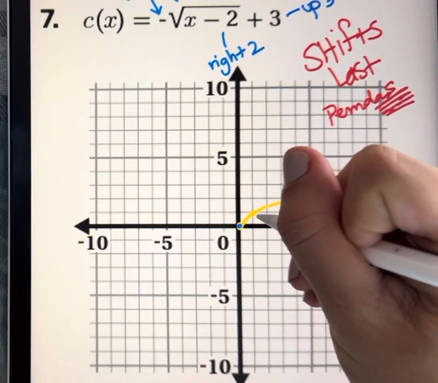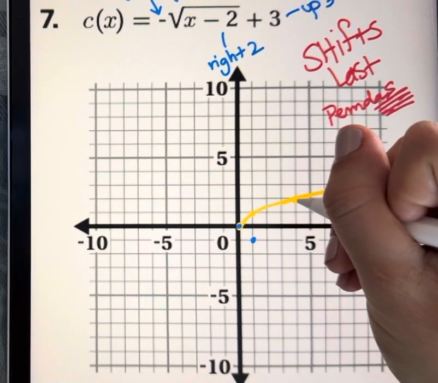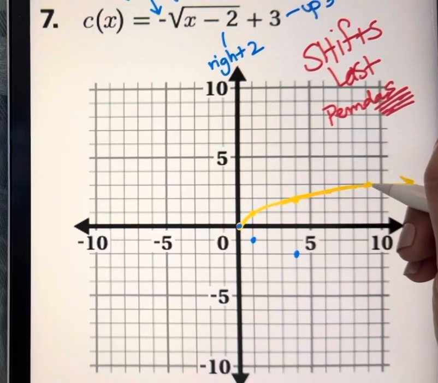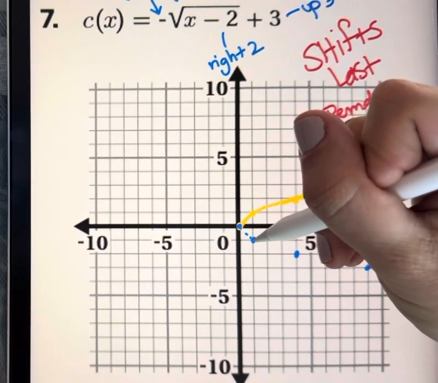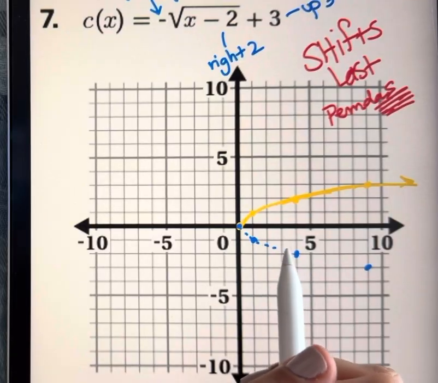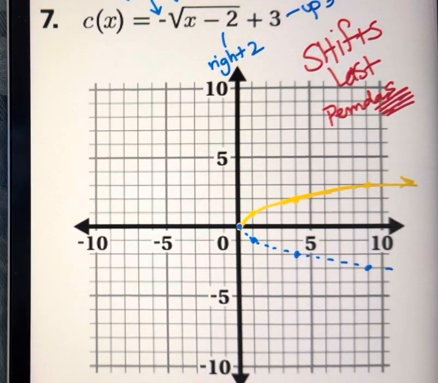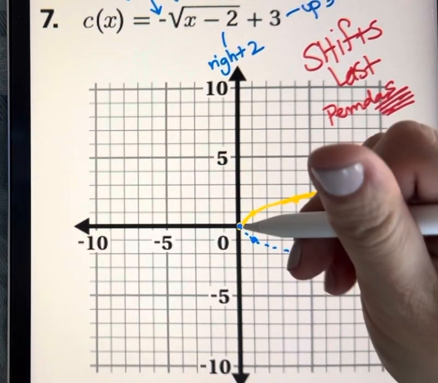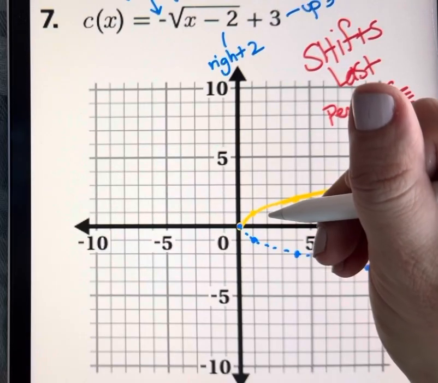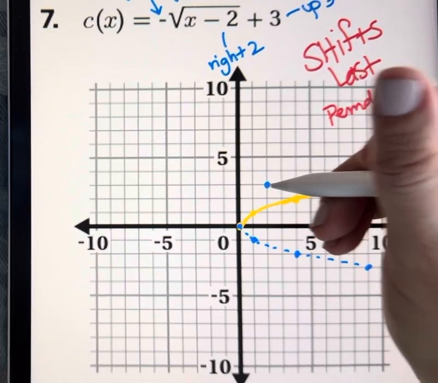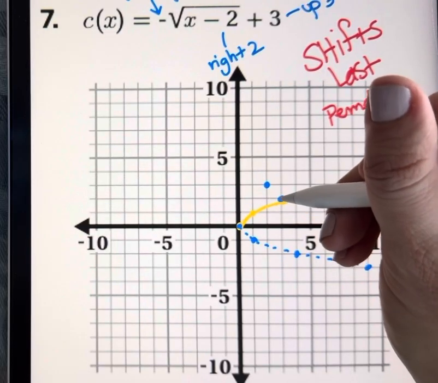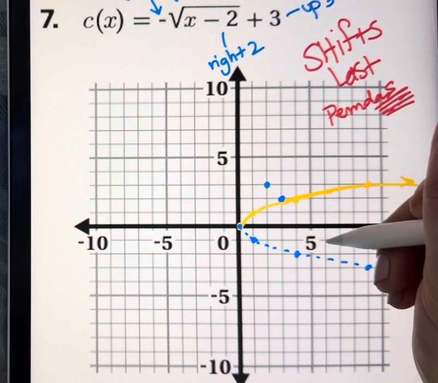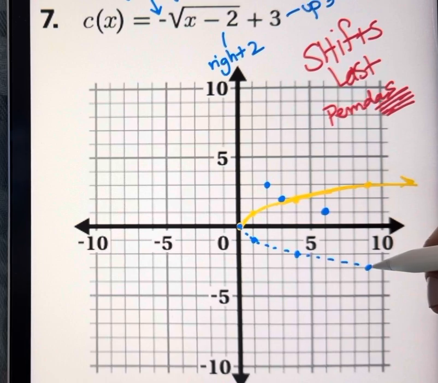So this point stays here, this point flips down, this point flips down, this point, if you had it, flips down, and we have that. And then now if I go to the right 2 and up 3, move every point right 2, up 3, right 2, up 3, right 2, up 3.